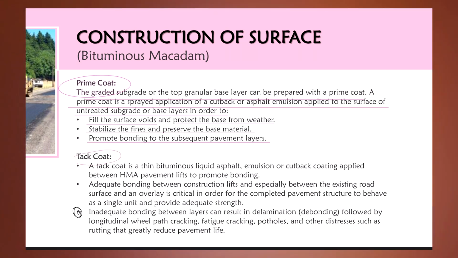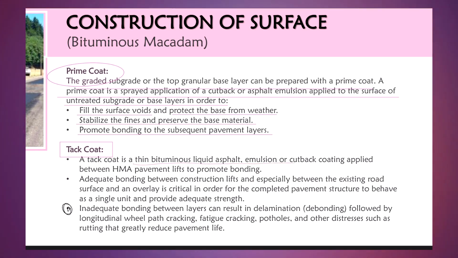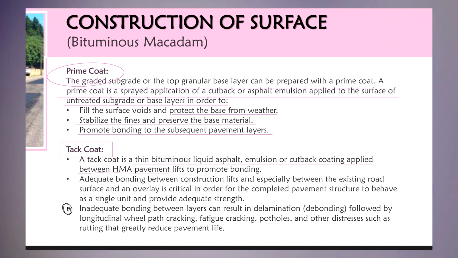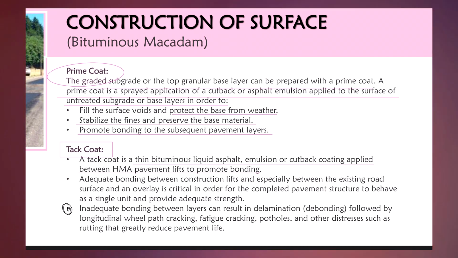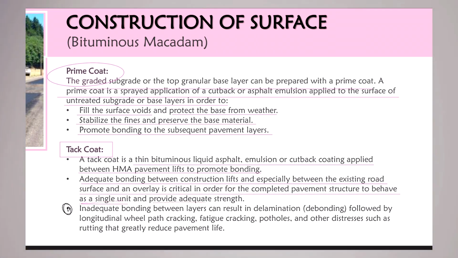Now, what about the tack coat? A tack coat is a thin bituminous liquid asphalt emulsion or cutback coating applied between HMA pavement lifts, which is naturally to promote bonding. Adequate bonding between construction lifts and especially between the existing road surface and an overlay is critical in order for the completed pavement structure to behave as a single unit and to provide adequate strength.